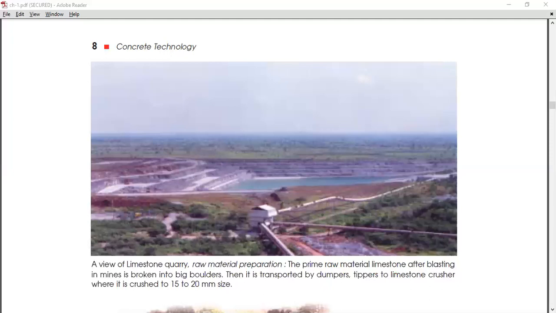The limestone in the form of huge stone is loaded in dumpers and transported to the crusher. This machine is used to crush the huge stone into small, manufacturable chunks that are 20 mm in size.